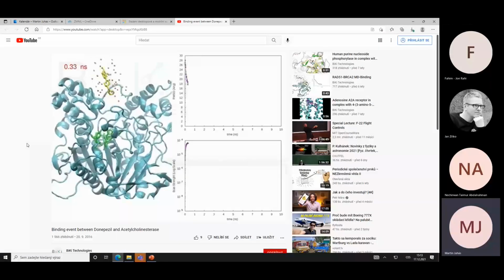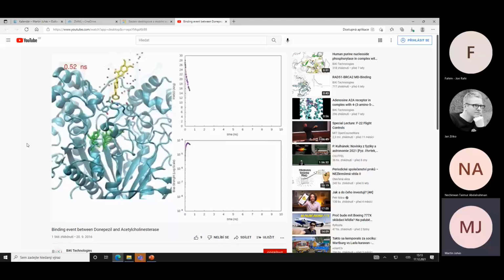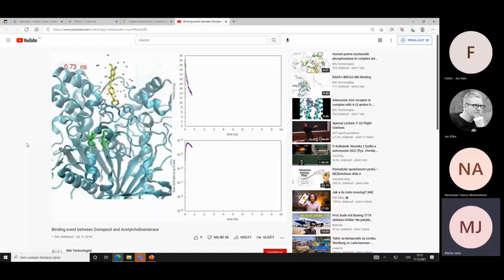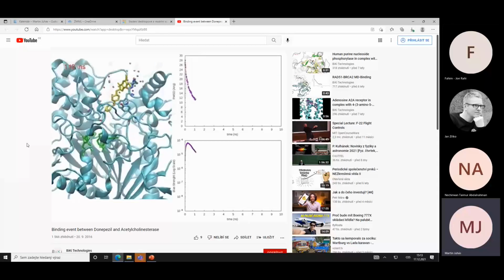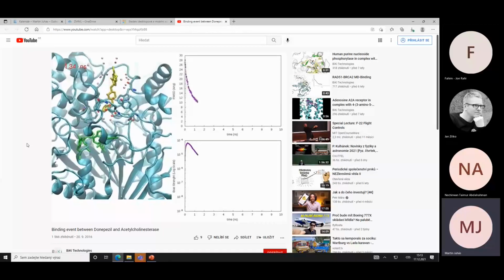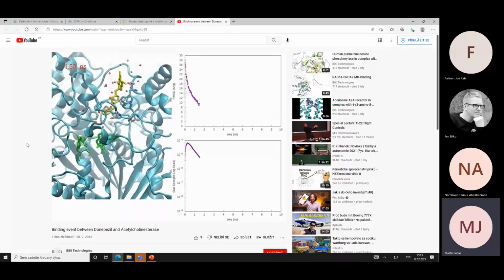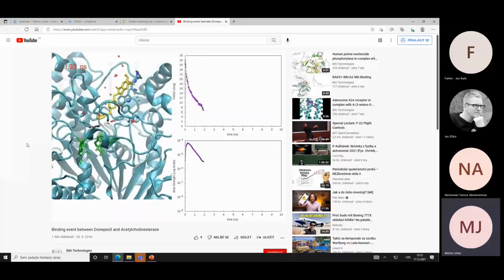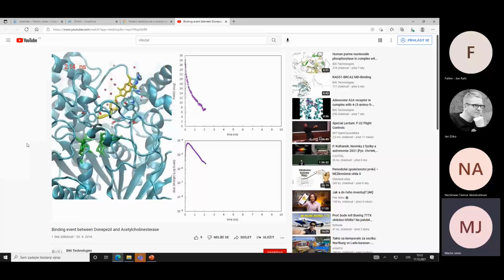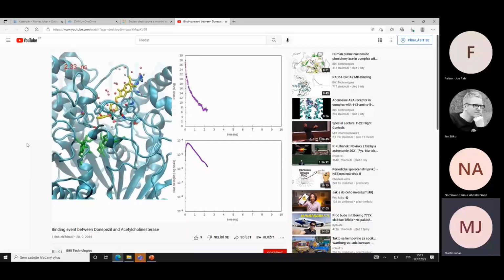This is how a molecular dynamics simulation looks. This is the result actually. On the right-hand side you have the plots that are being shown in real time. It's not usually done like this because it takes a long time to calculate.